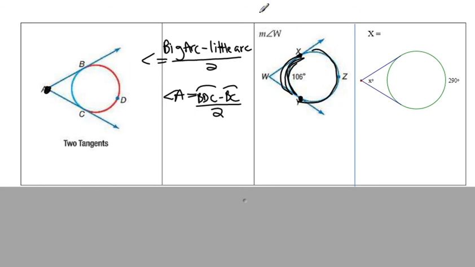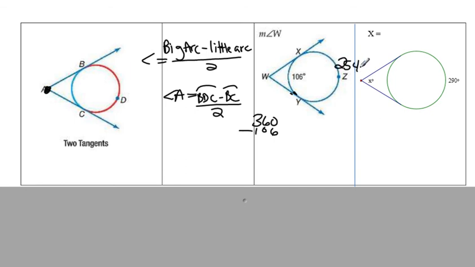So if the whole circle is 360 degrees and they already gave us 106, then that will be what's left over of the circle for XZY. So 360 minus 106 is 254. So they didn't have to give us that missing information. So that covers XZY, which is 254.